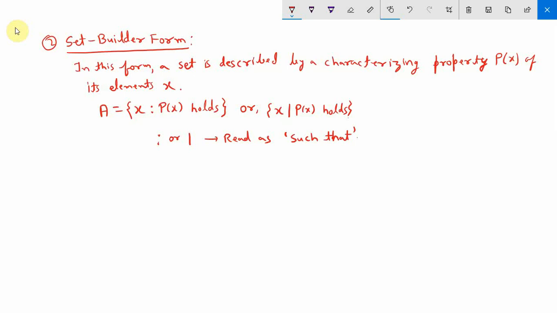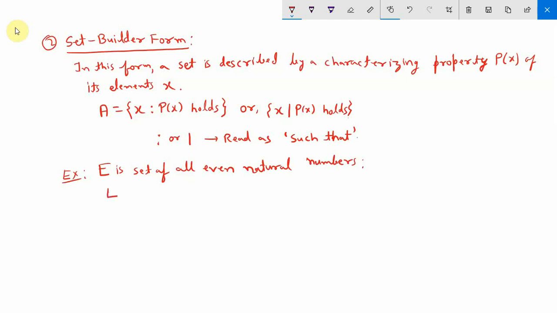Now, if we consider an example, set E of all even natural numbers. E is the set of all even natural numbers. So natural number is a property and even also. How we write this set?